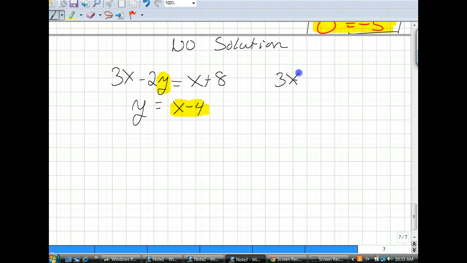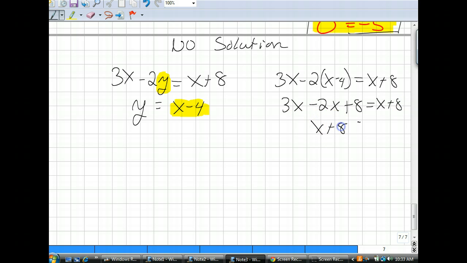So I have 3x minus 2 times (x minus 4) equals x plus 8. So that's 3x minus 2x plus 8 equals x plus 8.